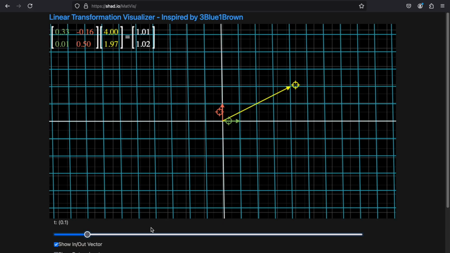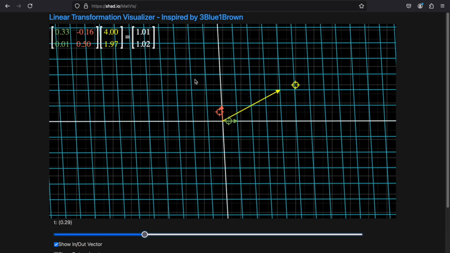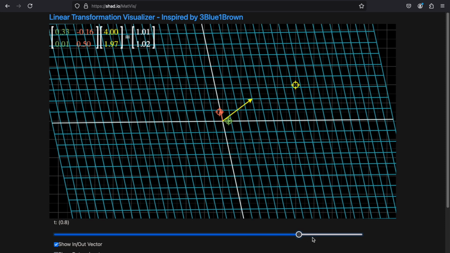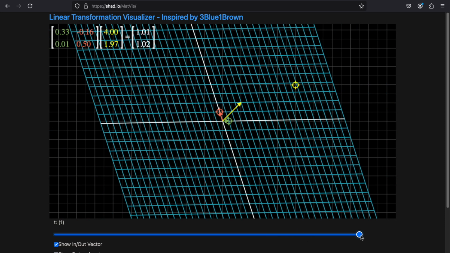In the background we see the gray grid lines. This is the input vector space, and the blue one is the output, transformed vector space. If you see this yellow arrow, it will slowly move from 4 comma 2 to 1 comma 1. Just keep checking this, and at the end it moved to 1 comma 1.